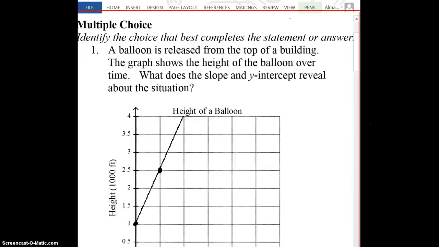And then how much do we run? To go from this point to this point, well, we rose 1,500 feet, and we have to run, and if you look at the scale, 10 seconds.